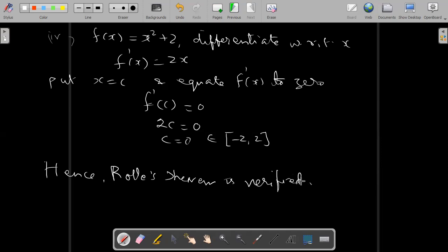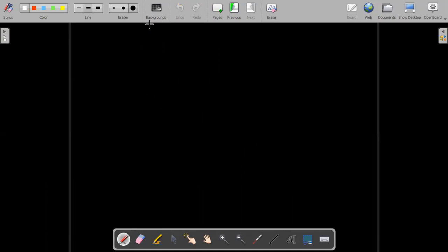Okay, so these are the conditions of Rolle's theorem. There is a slight change in the mean value theorem. In the mean value theorem, the conditions will be different, with small changes there.